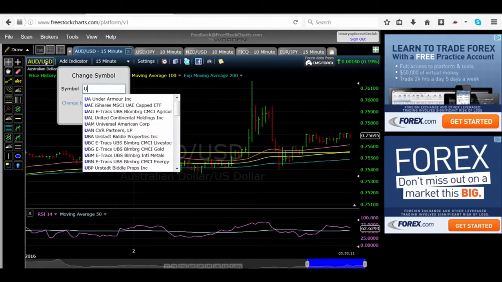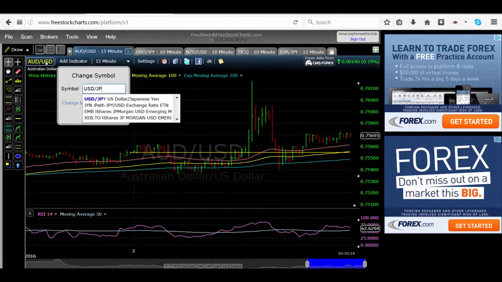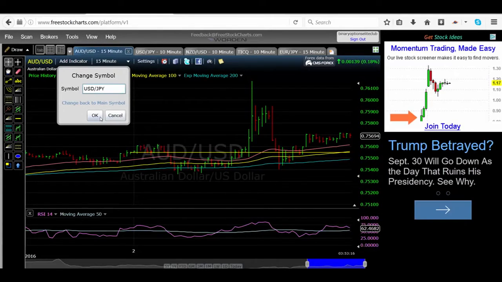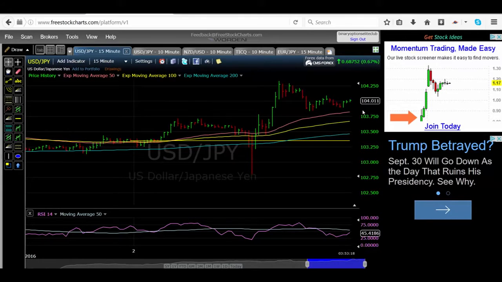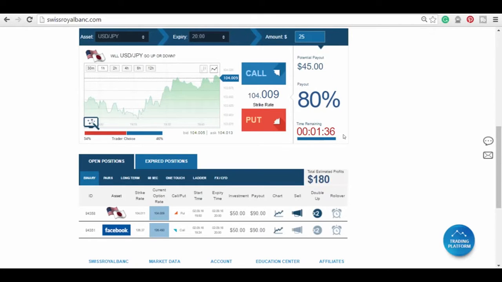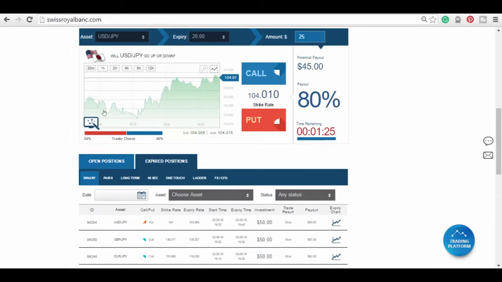Let's take a look at the chart to see what the story is. USD JPY. Okay, it's trending above the moving averages, so we did a put signal, so that's good news. It's in the right direction. So let's give it some time. The expiration, both of them are 20 GMT, so we have some time.